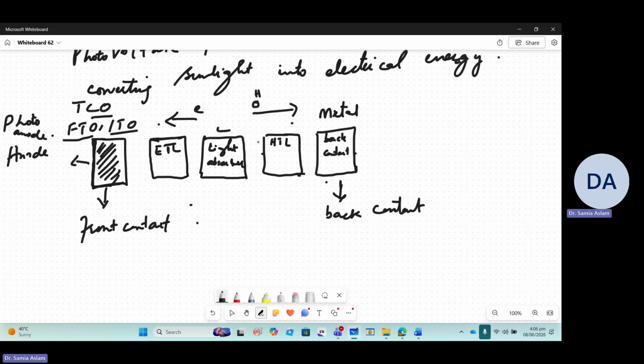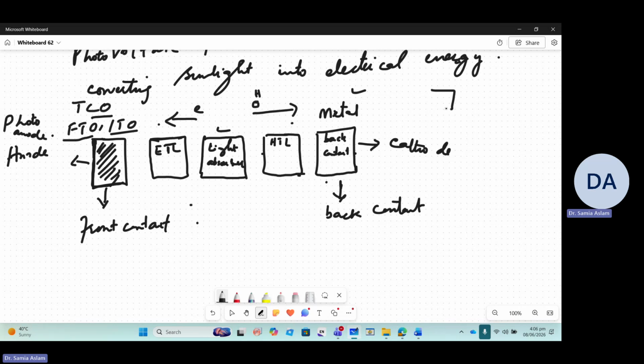After that, we have HTL and then we have back contact. This back contact is negative, because this metal is always negatively charged. It can serve as an n-type material, and this is known as a cathode. So basically, it is a p-n junction device.